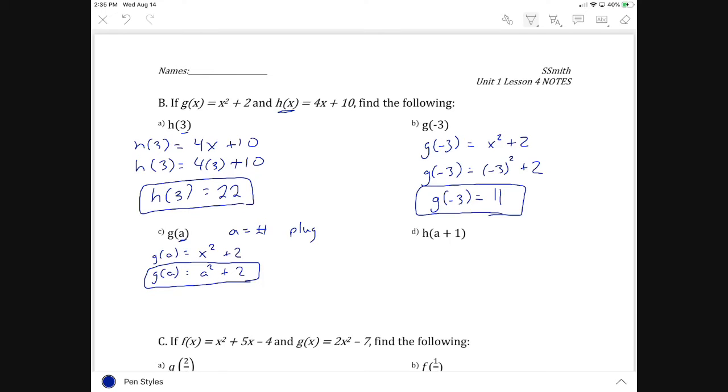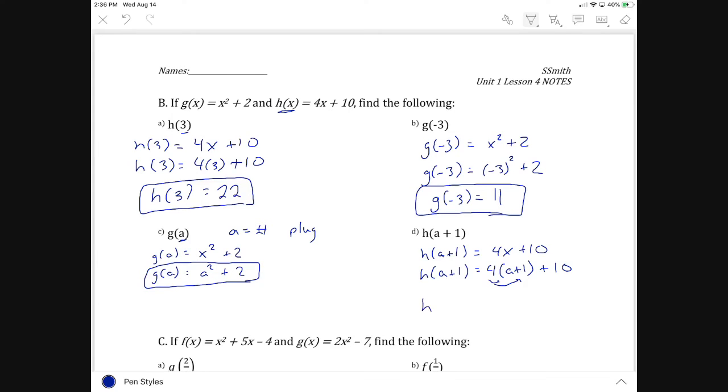So now we do the same thing for h of a plus 1. So it's the same kind of setup. So we're going to do 4x plus 10, and we're going to plug in the a plus 1 into our x. So h of a plus 1 equals 4 times a plus 1 plus 10. Now we can simplify this a little bit more by distributing our 4.